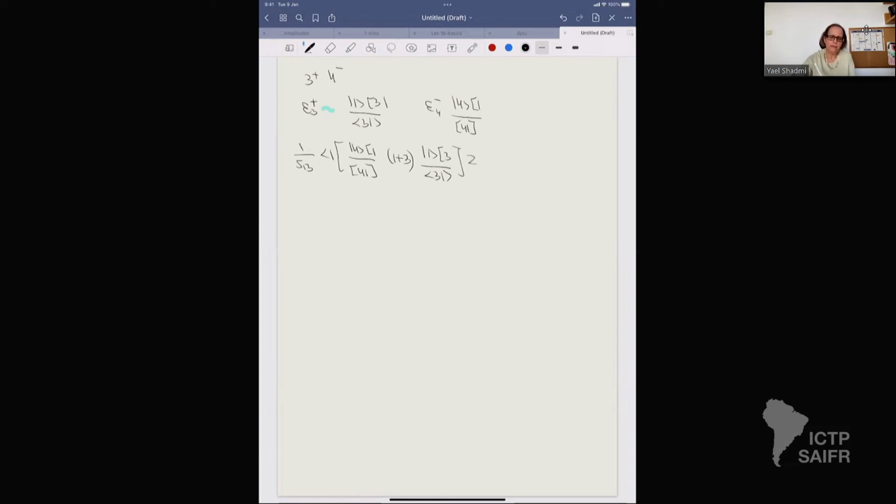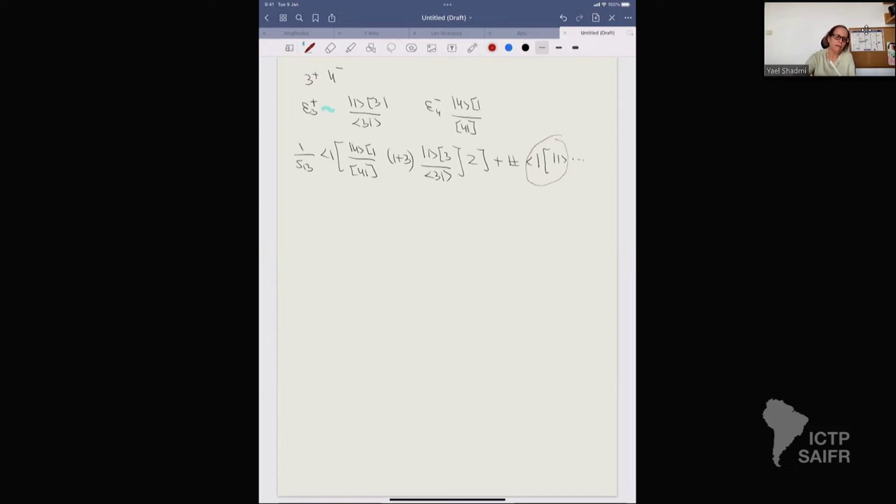And then we just have the spinor 2. And then we have the other diagram with 3 and 4 exchanged. But then you see we have 1 here, and epsilon 3 is next to it, which has the spinor 1, and this thing vanishes.